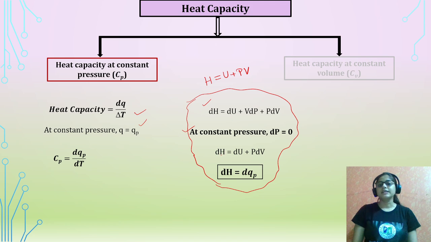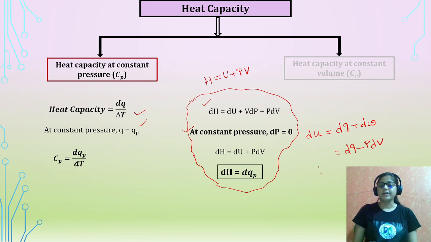So the rest is dH equal to dU plus PdV, and from the first law of thermodynamics, what we know is dU equal to dq plus dw, and we know dw is minus PdV, right?